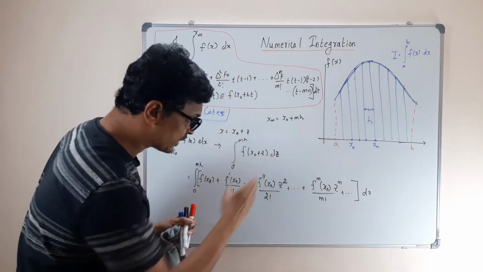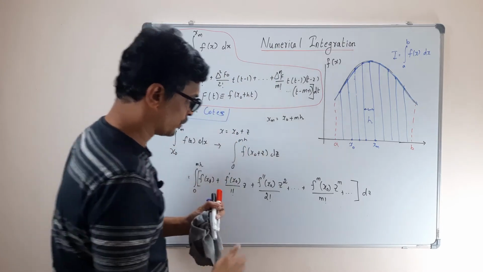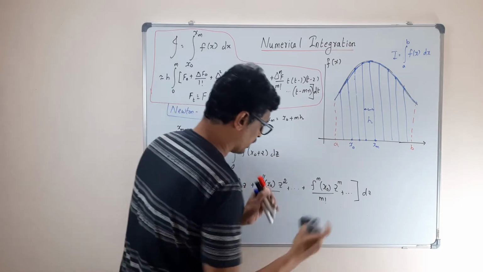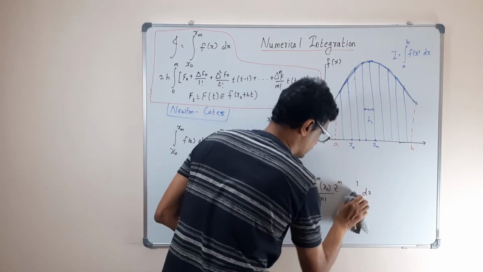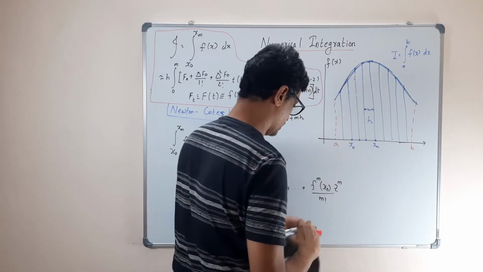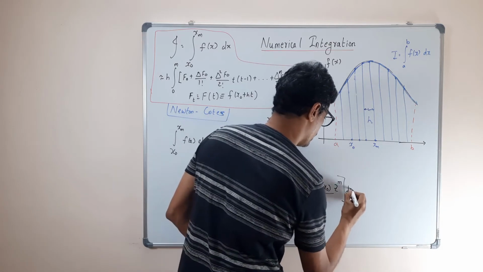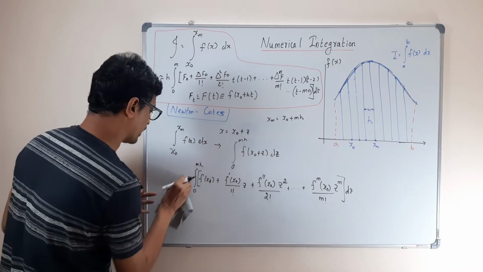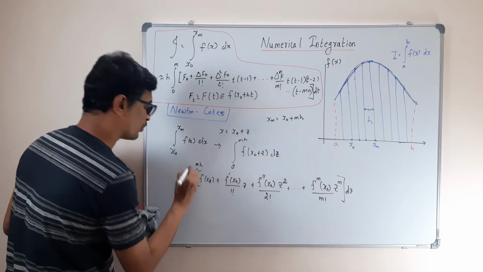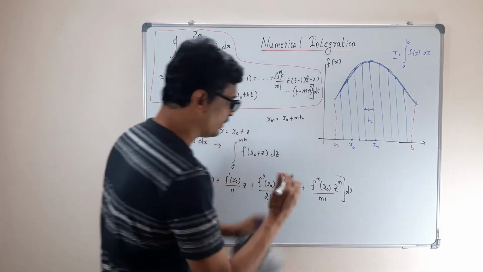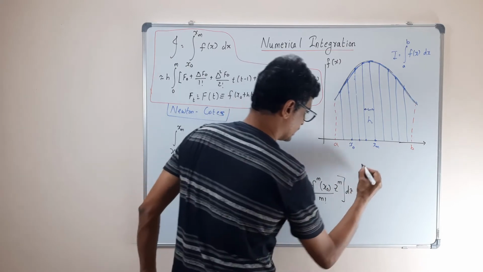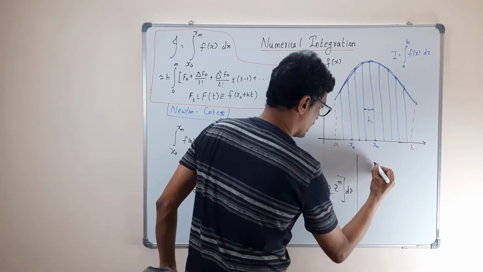So let us try to see what that factor will be. We have truncated this up to here, and this becomes approximate. By actual integration, the term we missed is the next one.